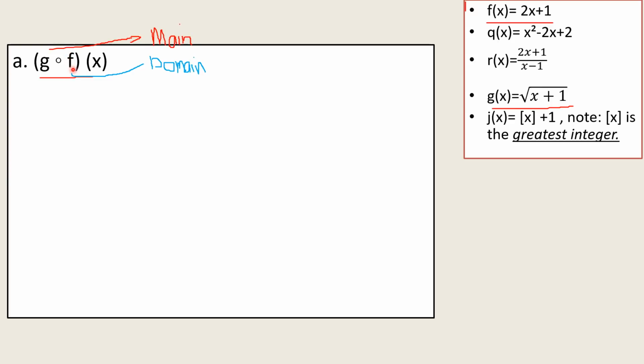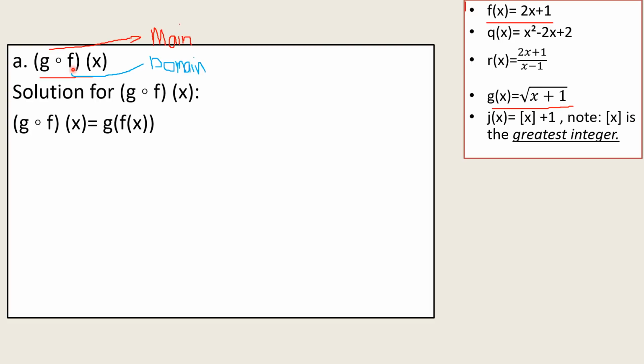Unahin natin, of course, isulat. Ayan, solution for the composition of g and f of x. Unahin natin isulat, of course, the main function. Pero before that, kailangan natin isulat yung definition para hindi tayo nalilito. That the composition of g and f of x is equal to the main function, tapos parenthesis. Bakit kasi may parenthesis? Kasi yung sa loob ng parenthesis would be the second function.